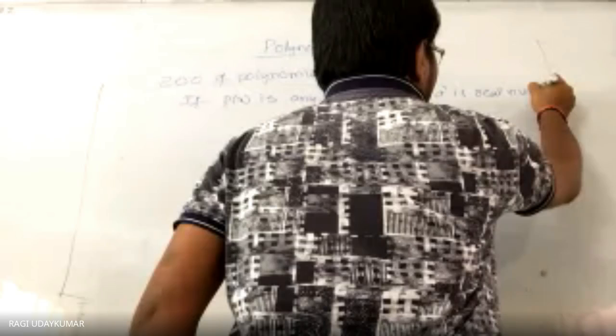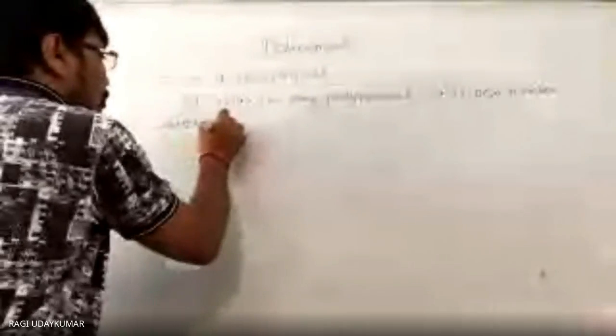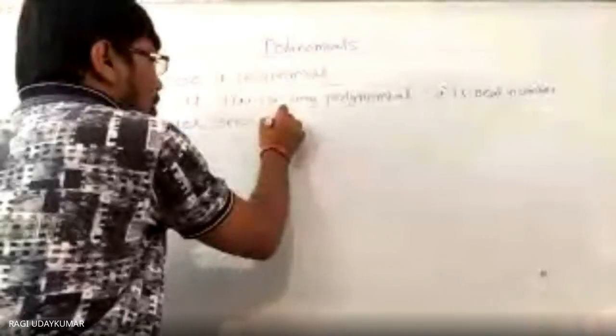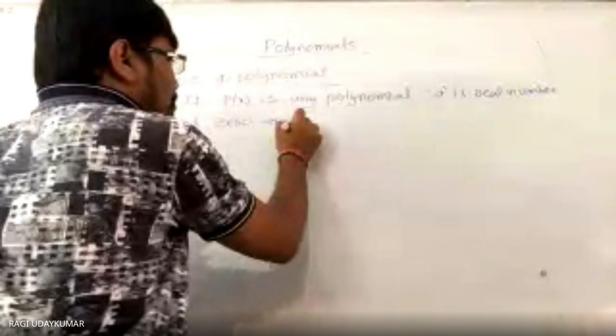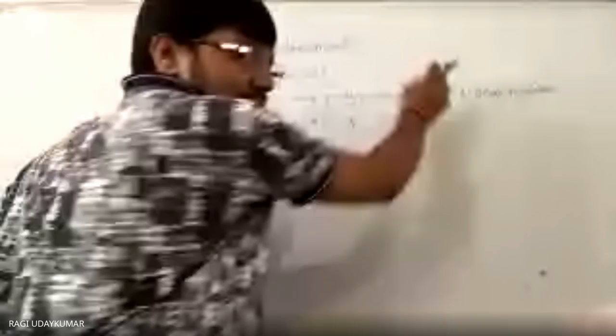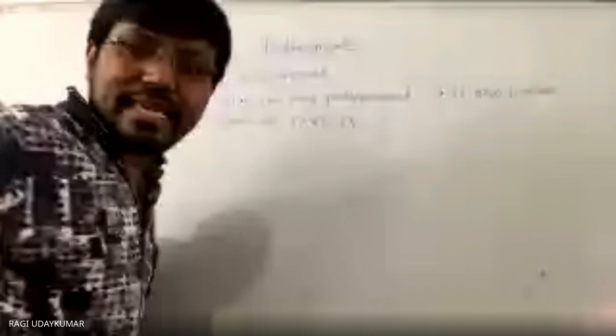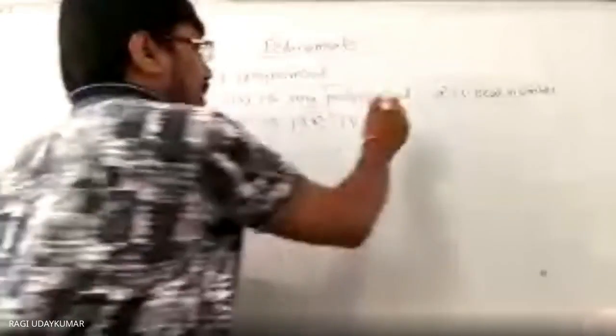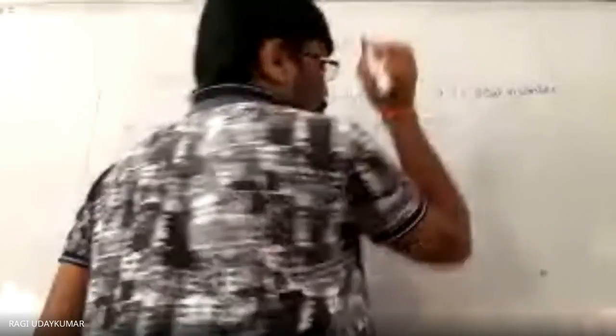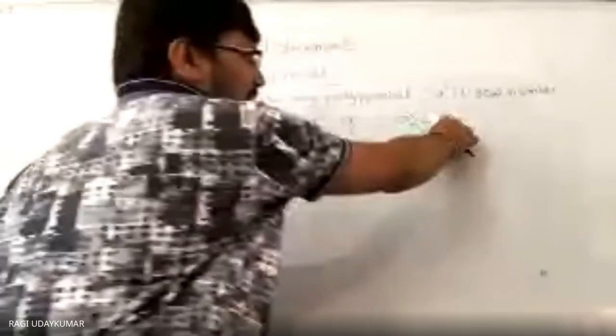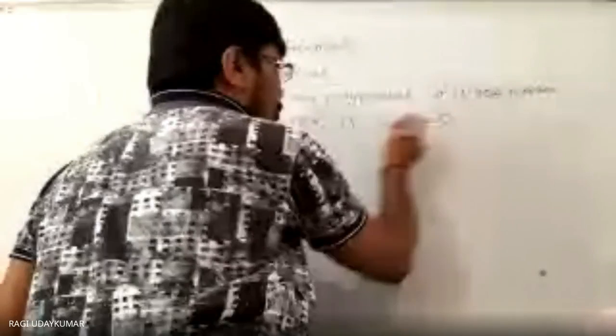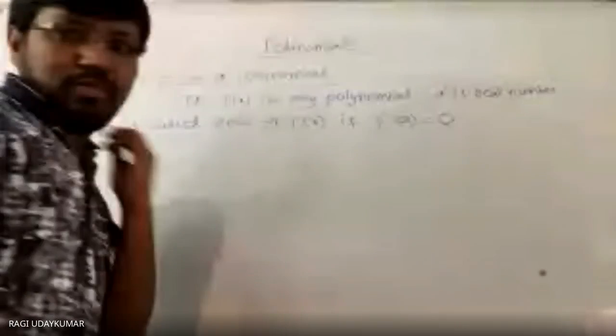This a is called 0 of p of x when that real number, if you substitute in the place of a, then you will get p of a is equals to 0. If you get the value 0, a is called 0 of the polynomial.